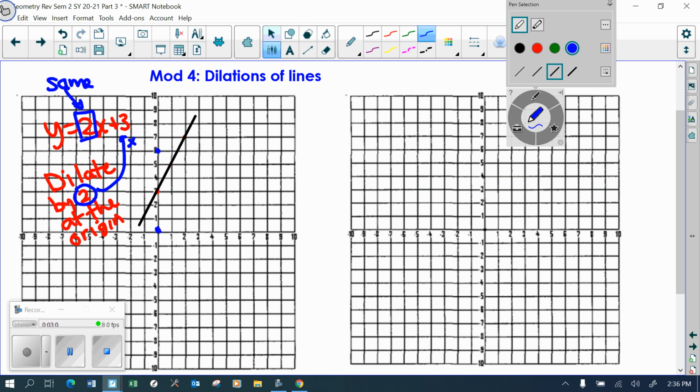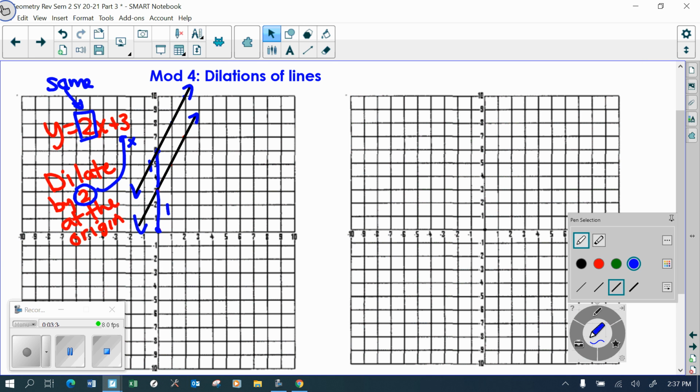From 0 to 3, that's 1. So every 3 I go, that's another one. There's another 3, there's another one. So 1 plus 1 is 2. So that'd be double. And then going up 2, right 1. And it ends up being parallel. Okay, so that one I did correctly.